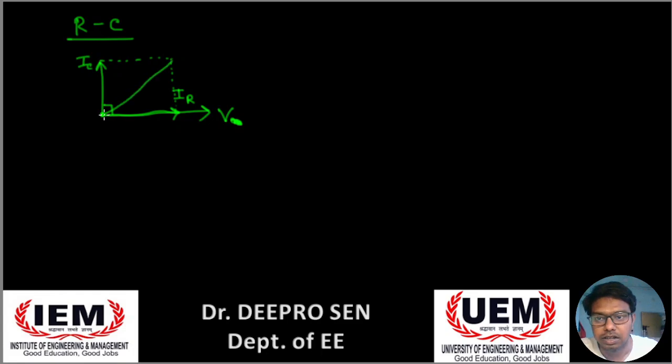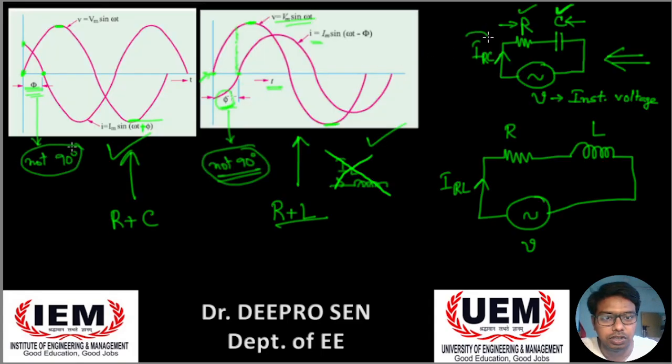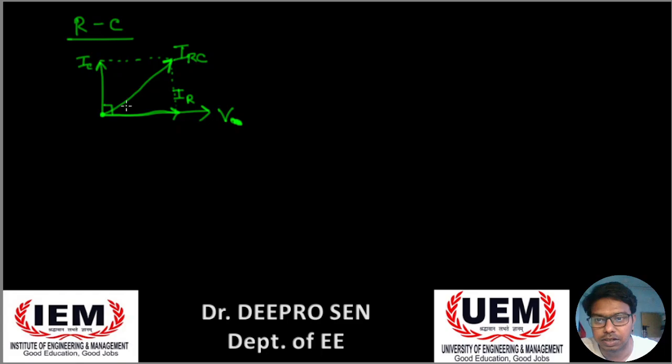If we sum them up, this will be I_RC, which is the actual current flowing from the sinusoidal source into the RC components of the circuit. That means this angle phi is less than 90 degrees in this case.